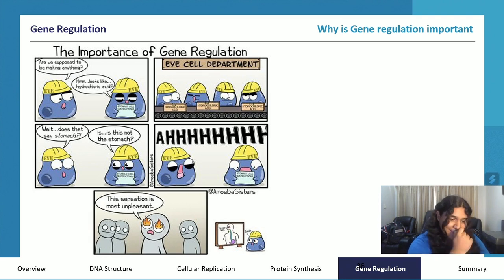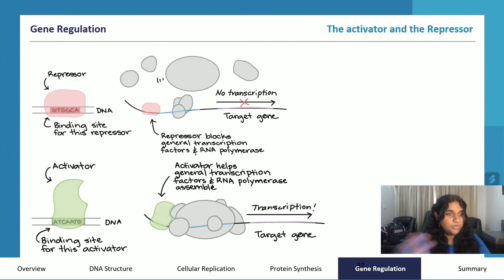Therefore, the cone cell will start to transform into a stomach cell, doing all of the normal jobs that an epithelial cell would do, secreting gastric acid and absorbing nutrients. This is a huge problem because obviously we don't want anything that the stomach does to be happening in our eyes.